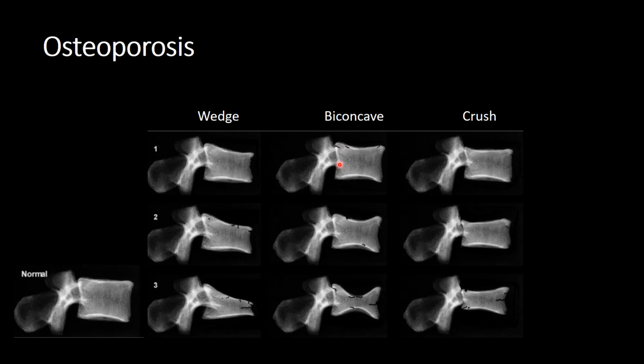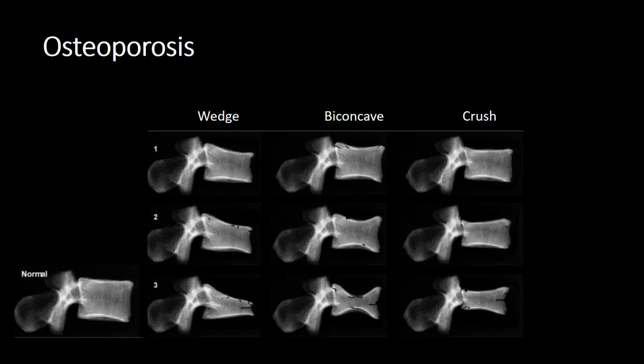In the middle, we have a biconcave compression fracture, where you start to get compression of both vertebral end plates, and you end up with this real squished-in middle portion of the vertebral end plates, and the nickname for this is codfish vertebra.